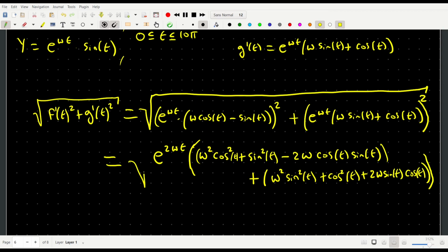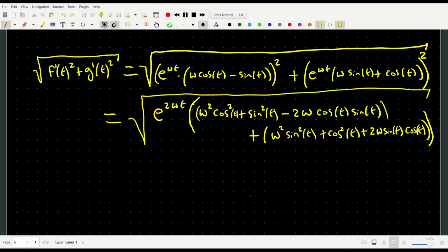And it's the square root of this entire expression. Again, it looks even more complicated as we foiled out this term and this term, but you'll notice that we have negative 2 times omega times cosine times sine, which cancels with positive 2 times omega times sine times cosine when they're added together.